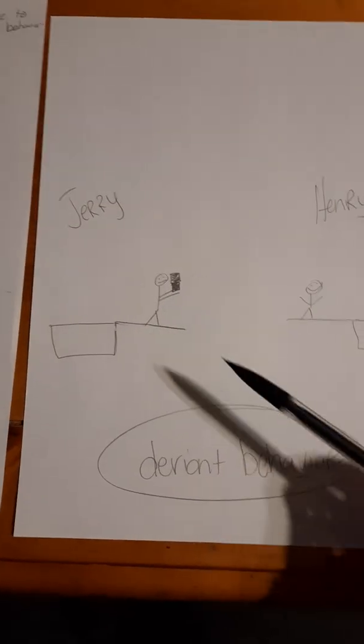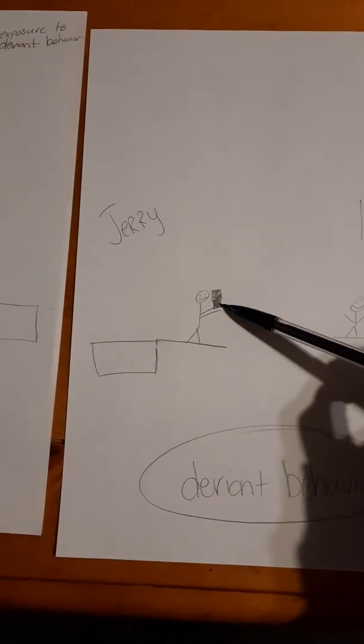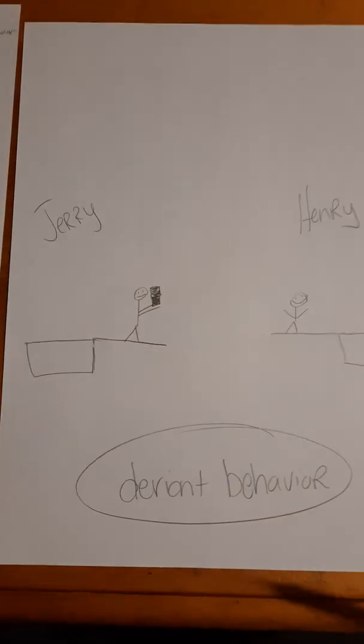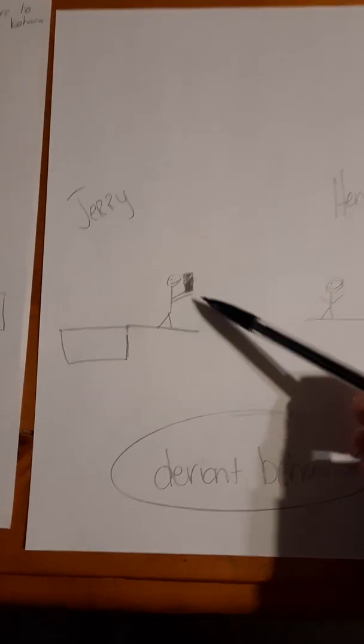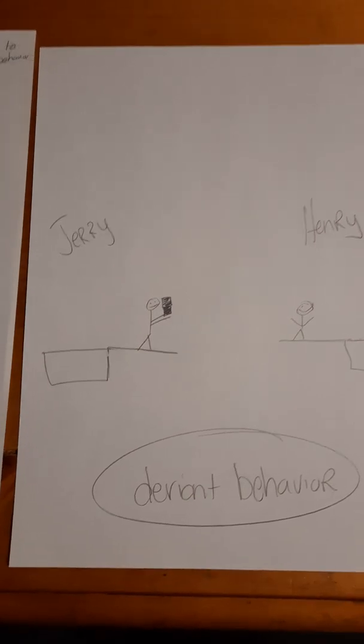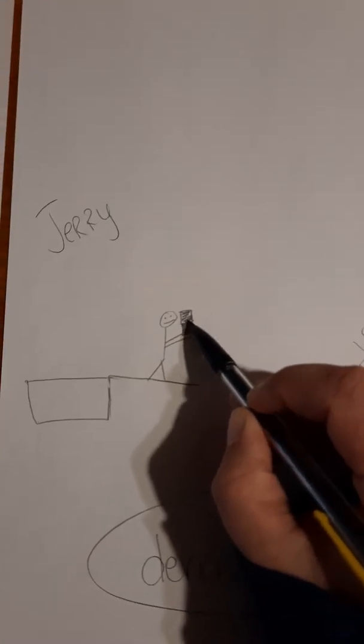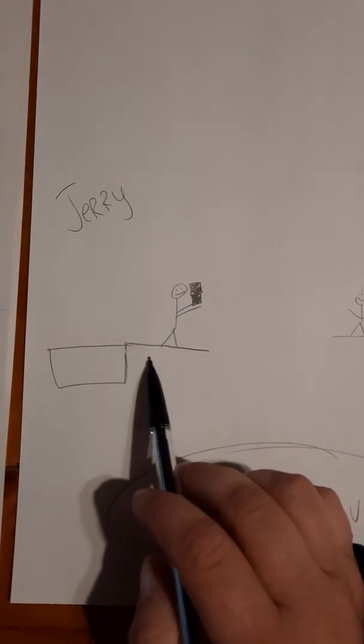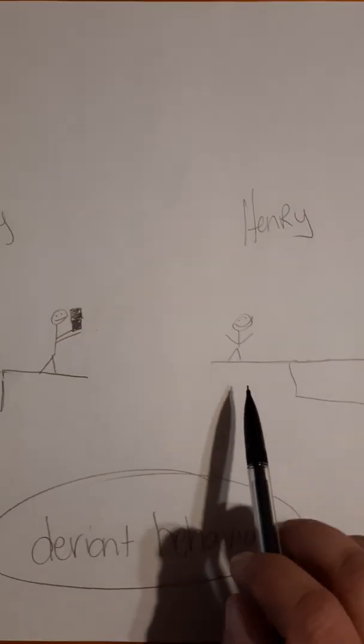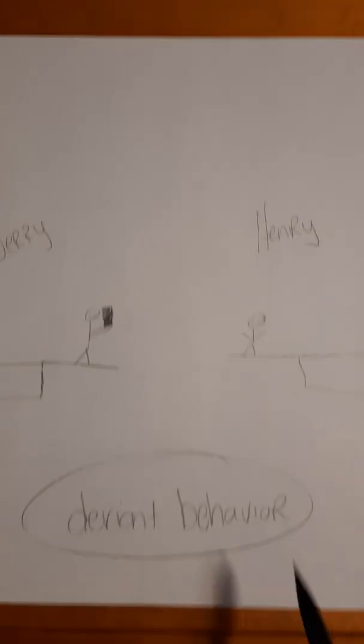Jerry, on the other hand, goes home and maybe witnesses his dad beat on his mom and just thinks that that's normal for them. So that's where I added the second block of deviant behavior for Jerry. And you notice his diving board is kind of leaning as Henry's is just staying straight.